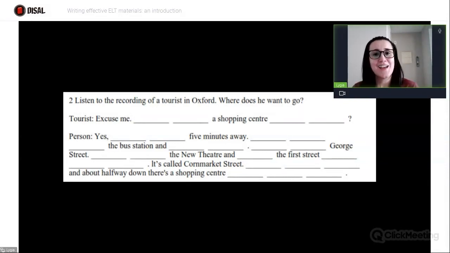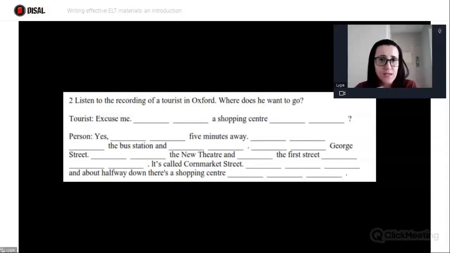Of course, this may vary according to students' level, according to their course as well, and according to the type of material. For instance, self-study materials usually have more gaps, because this is something that students expect from self-study materials: lots of practice opportunities and longer exercises as well.